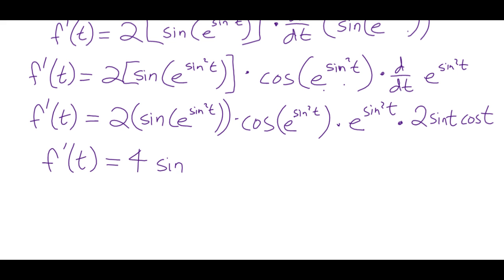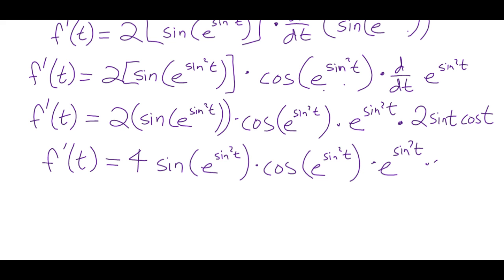So sine e to the sine squared t times cos e to the sine squared t times e to the sine squared t times sine t cos t. Okay, so at least 5 applications of the chain rule later, there you are, right? So you just keep going down the line.